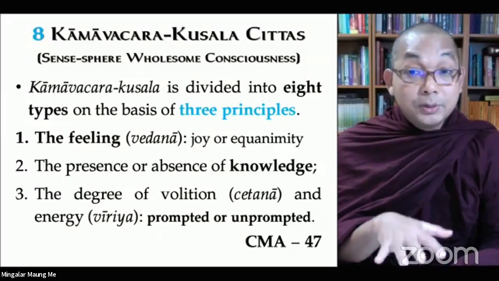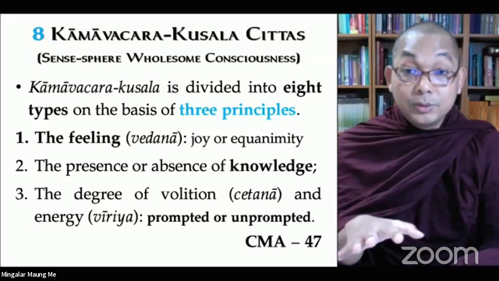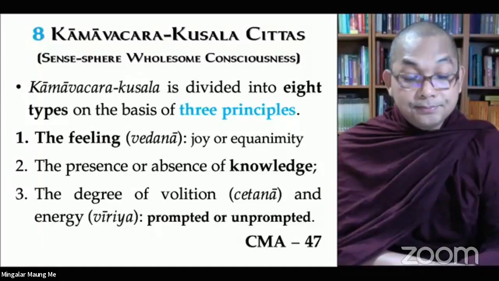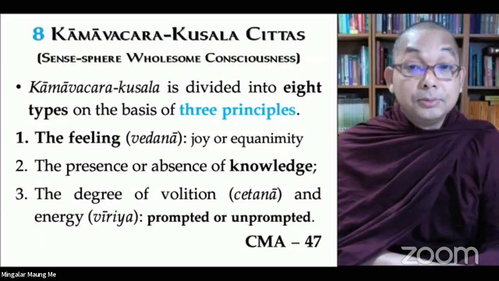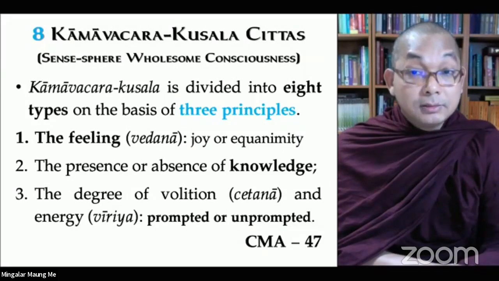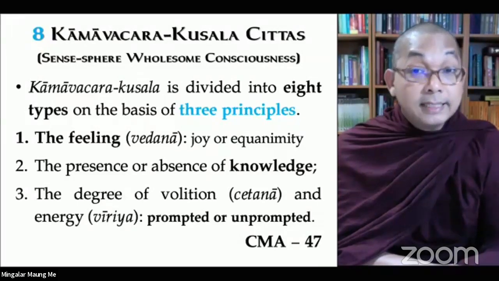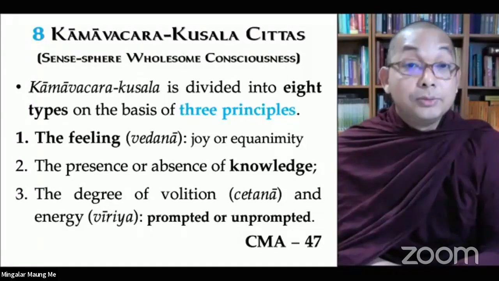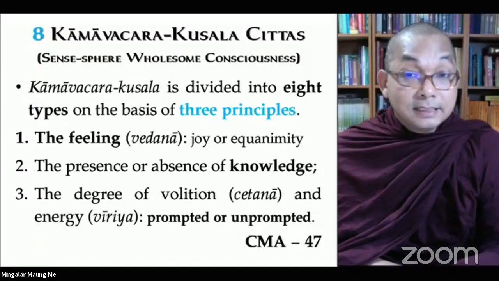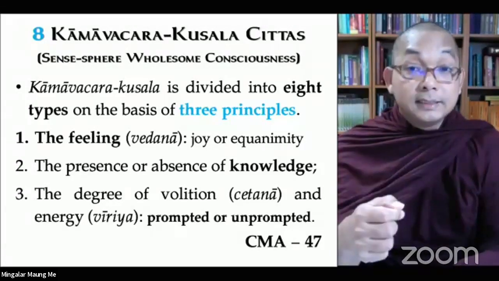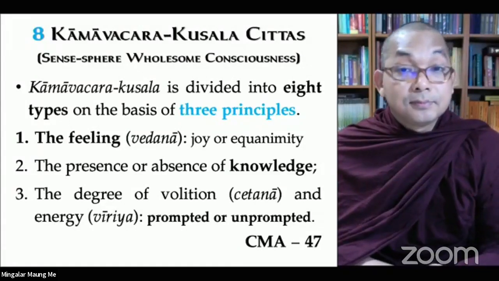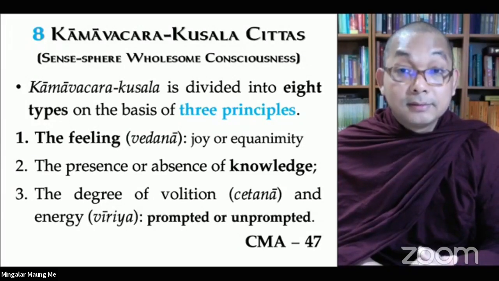When you do any type of wholesome thing, any good deed, and your volition, your motivation is not very high, a lesser degree, and you didn't make much effort, you just do good things with less effort, less motivation, that's called prompted, sasankarika.